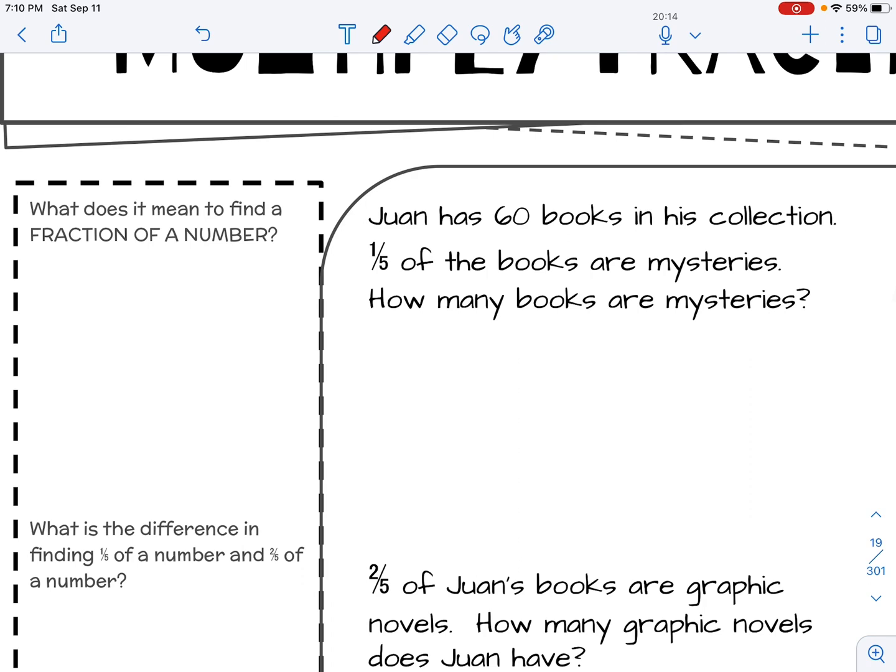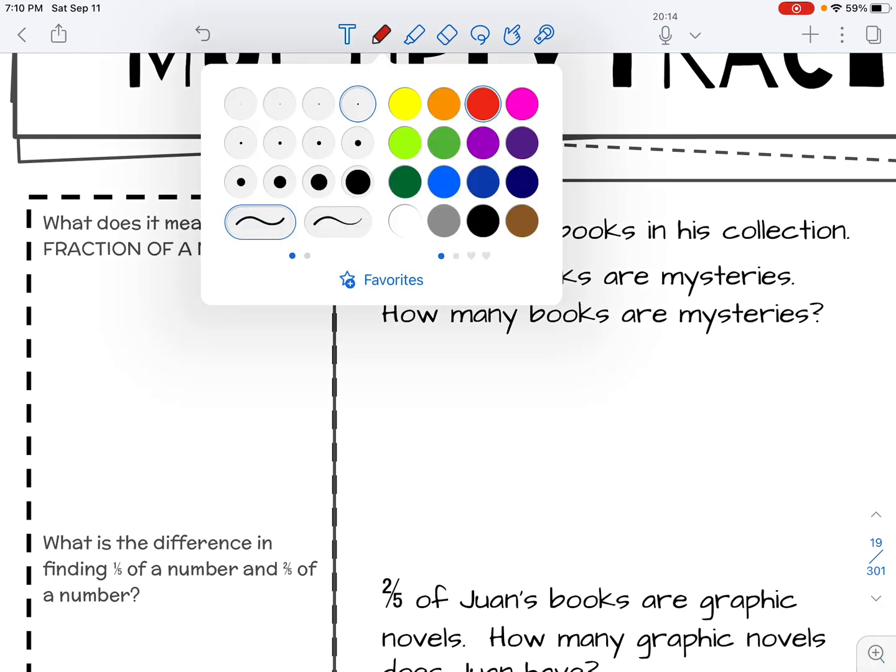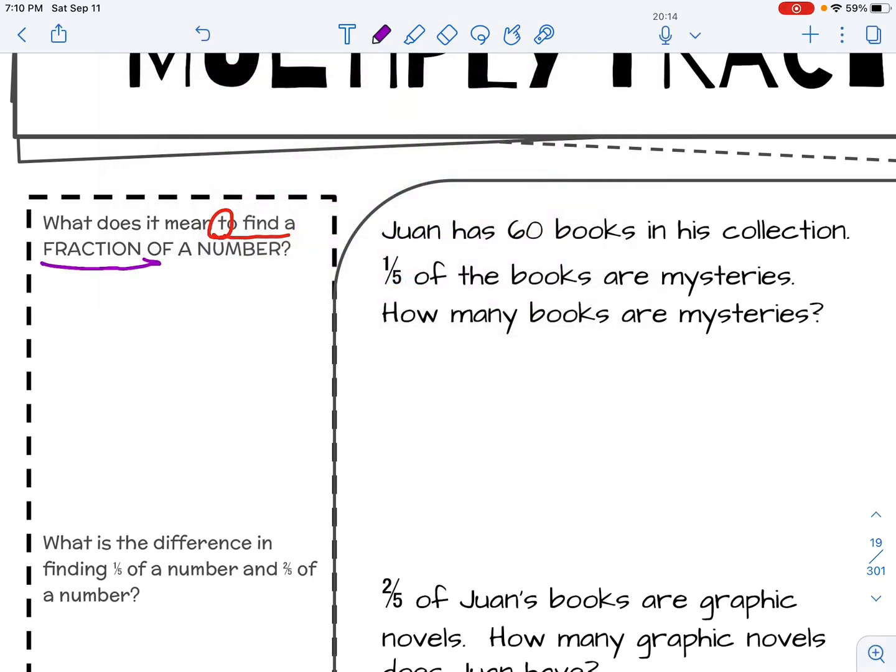Okay, so we want to know, what does it mean to find a fraction of a number? Well, this means to multiply.